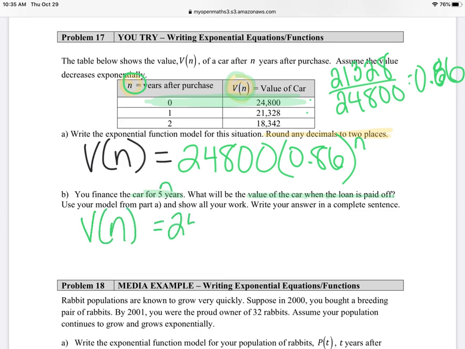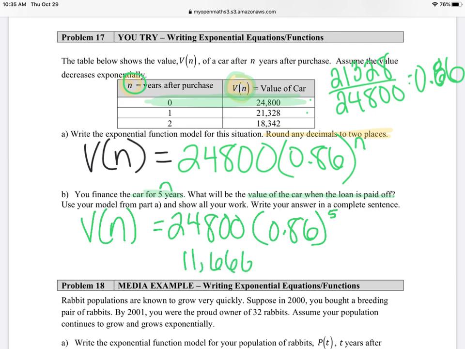So I'm just going to plug that in. 24,800 times 0.86 to the 5th power. And I'm going to type that in the calculator. 24,800 times 0.86 raised to the 5th power. And I get $11,666.59.